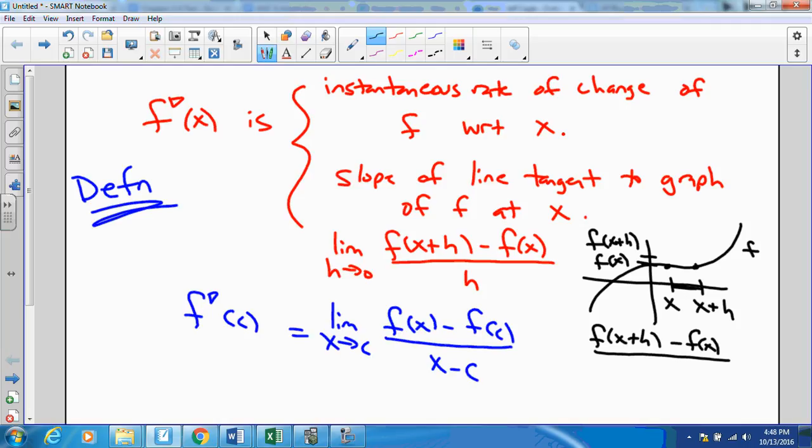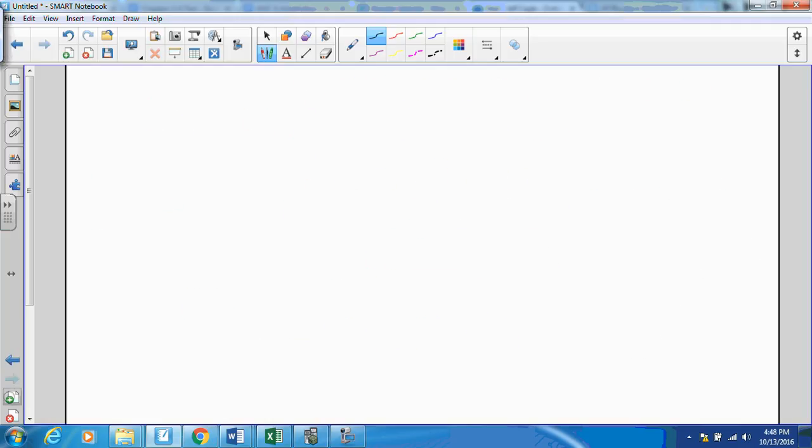The distance between the two x coordinates here is h. And to make all this instantaneous, we let the denominator go to 0. So this is the basic way that we can remember these, by constructing the slope between the points and letting our denominator go to 0. Okay, that's our theoretical material.